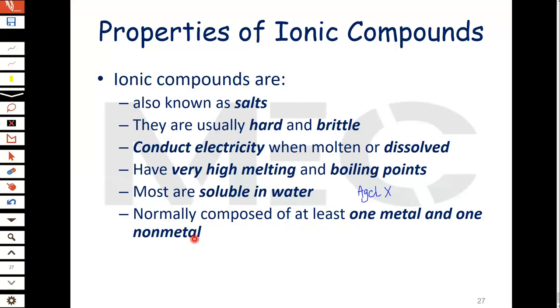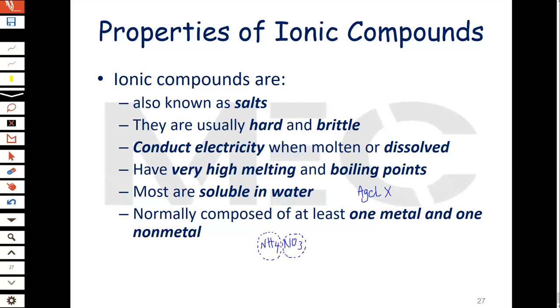So even if polyatomic ions are used, it is usually composed of at least one metal and one non-metal. Normally, but not always. For example, we have a compound called ammonium nitrate. In the case of ammonium nitrate, both the positive ion and the negative ion, which is nitrate, have no metal.